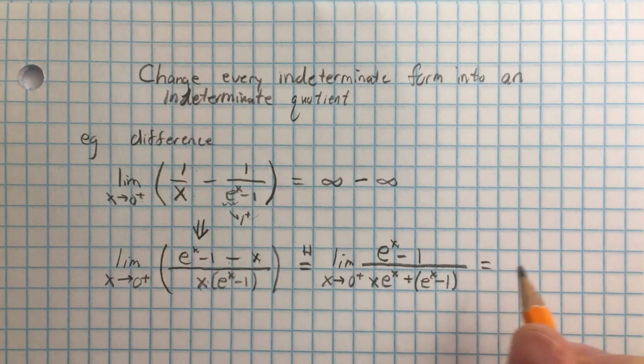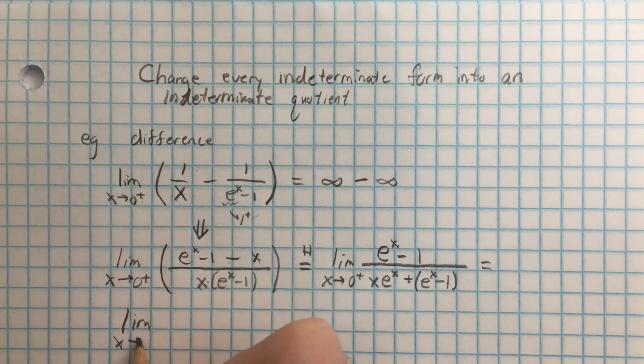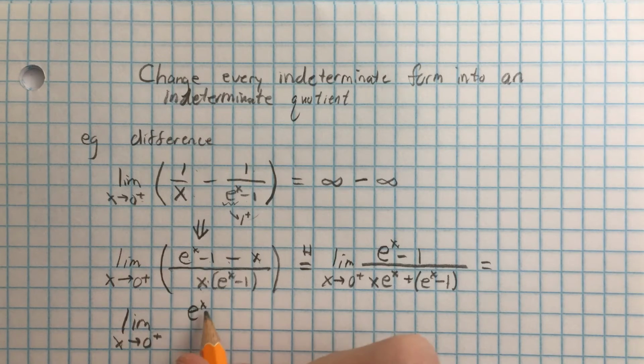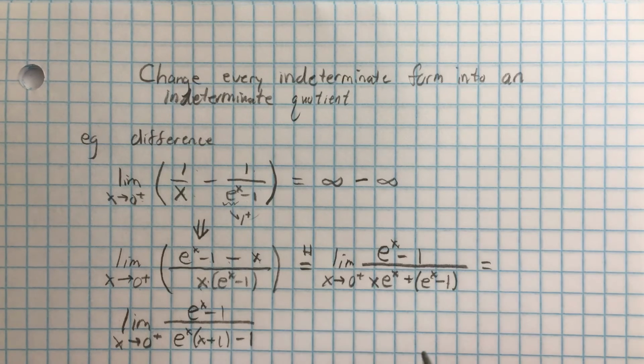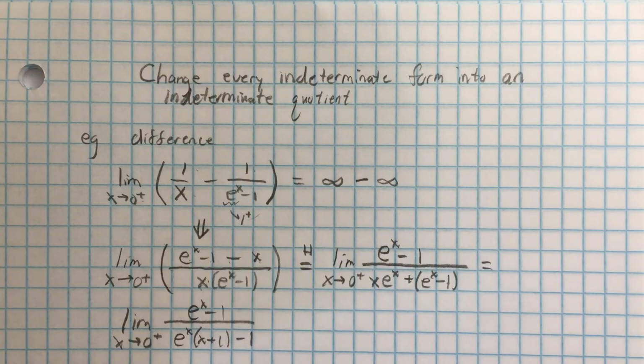I'm going to clean up the bottom just a little bit. So this should be the same as the limit as x approaches 0 from the right of e to the x minus 1 over, if I combine the e to the x terms together and factor off e to the x, I'll have this. That's just the way I prefer to look at it. It's not that important to simplify at that stage, but it makes sense to me.